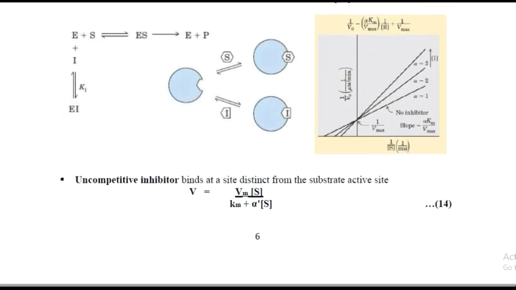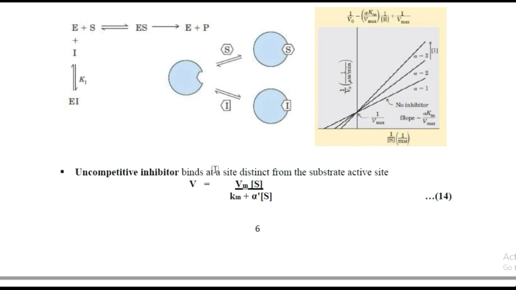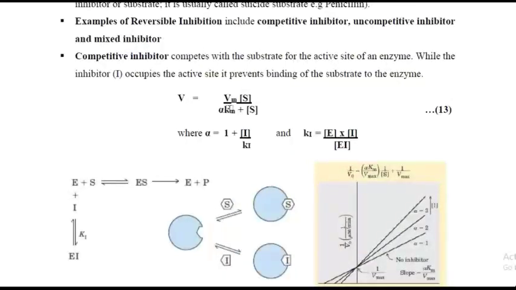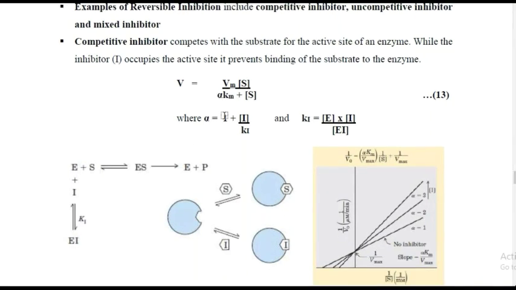That is their own Michaelis-Menten constant, where alpha equals 1 plus inhibitor over Ki, and Ki equals enzyme times inhibitor over the enzyme-inhibitor complex. So that's your formula. You just assume that's what your alpha equals, so you just slot it in.